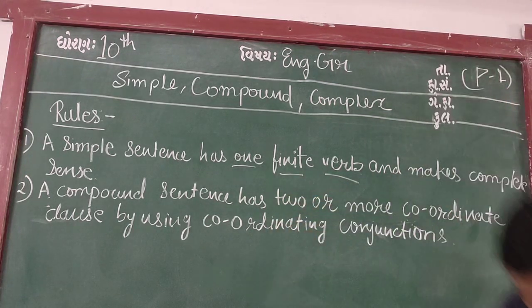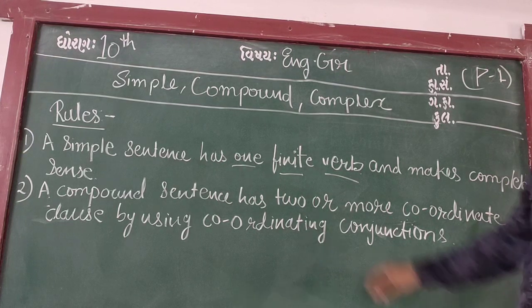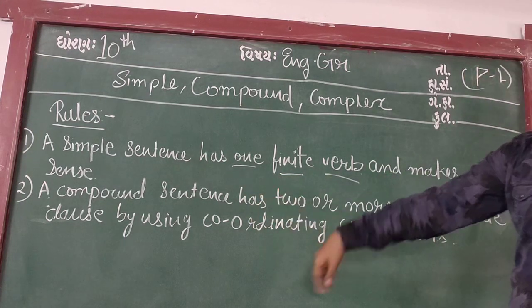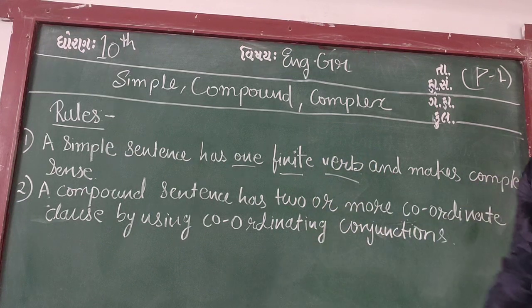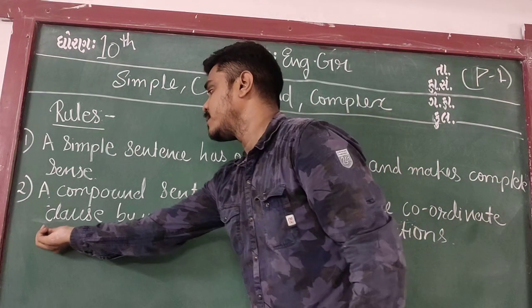In a compound sentence, there may be chances that the verbs increase from one to two finite verbs. But the most important thing here is the clause.